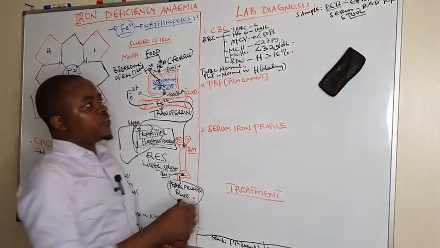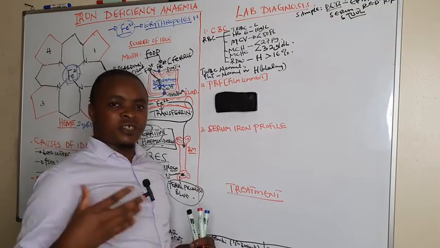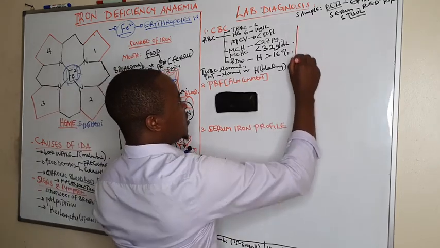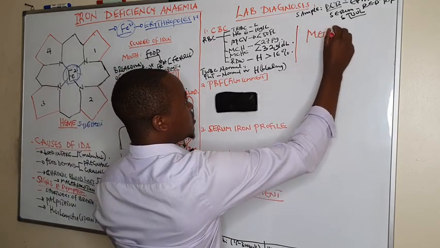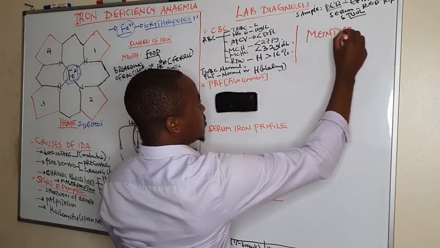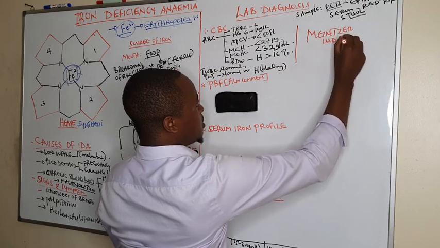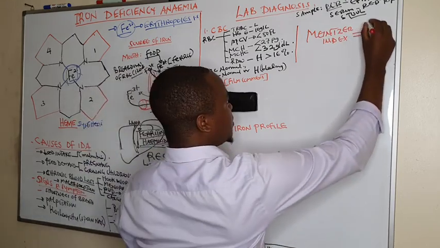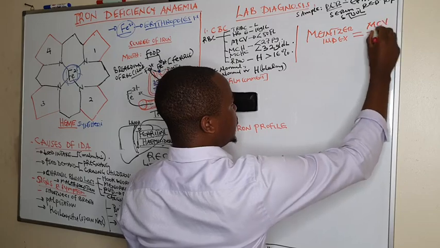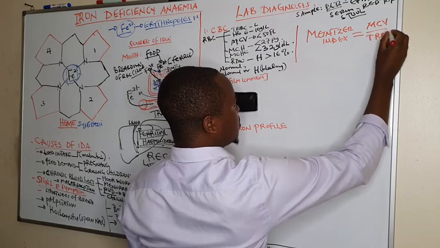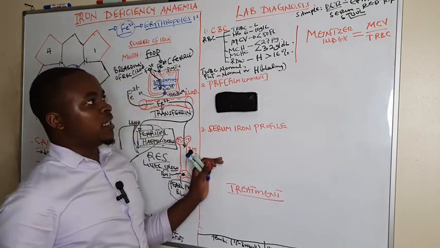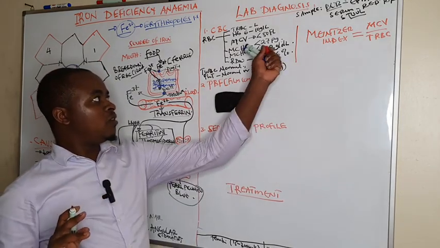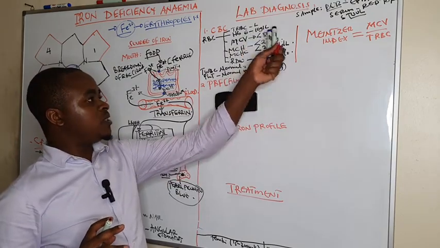And there are other features we can use to check for the presence of iron deficiency, where we can even do the Mentzer index. This Mentzer index is calculated by getting the MCV of that CBC you have got and dividing it by the total RBC count.